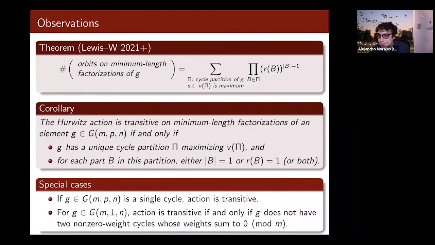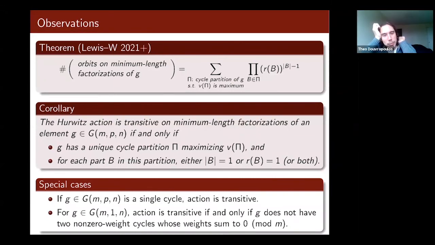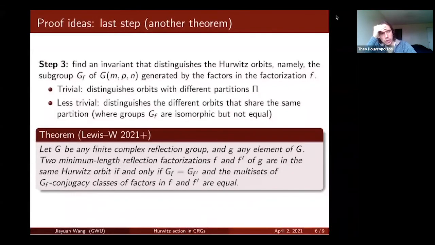Other questions? Yes, I wanted to ask something. When you have a theorem that's explicit for G(m,p,n), and then the version of the theorem for arbitrary groups is that the Hurwitz orbits are determined by the group that's generated and by the multiset of conjugacy classes. If you try to phrase it as: for an element in a reflection group, the number of Hurwitz orbits is equal to the number of minimal reflection subgroups that contain it.